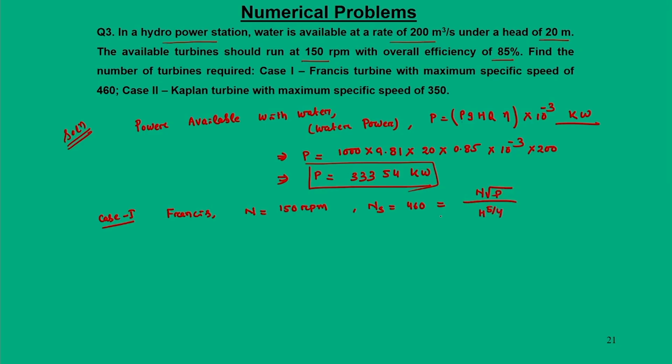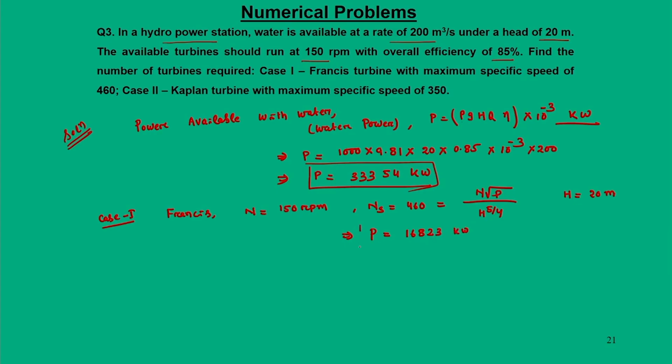Okay. So, here H is equal to 20 meter and N is equal to 150 rpm. So, this will give you power for Francis turbine will be 16823.